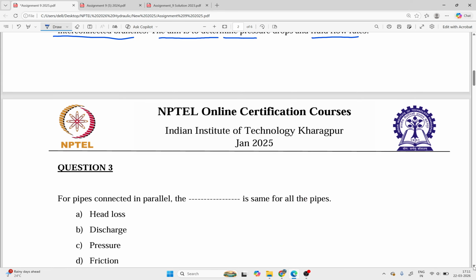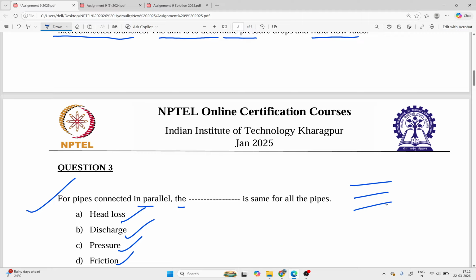Okay, so here, for pipes connected in parallel, fill in the blank: what is the same for all the pipes? Head loss, discharge, pressure, friction. If your pipes are connected in parallel, not in series, not like that, in parallel.